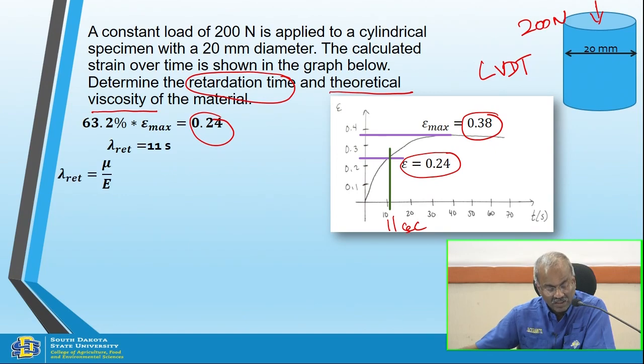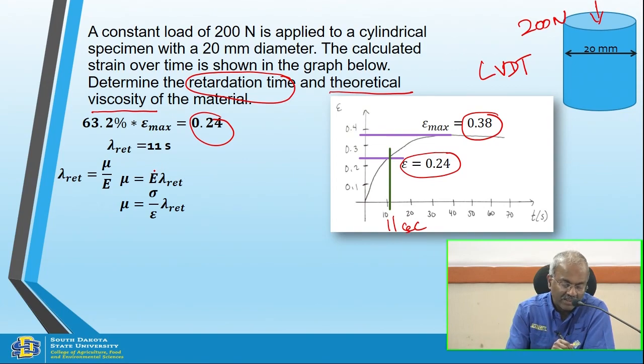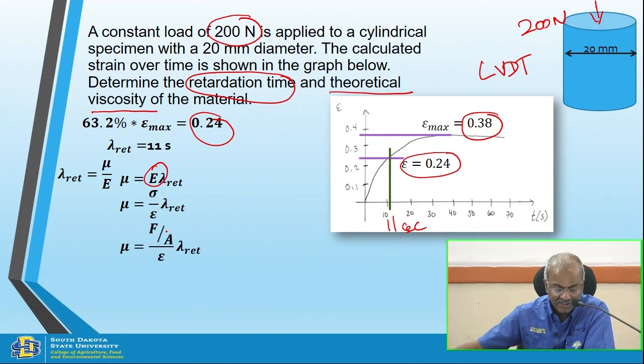Retardation time is 11 seconds. Once you get the retardation time, you can calculate the theoretical viscosity. Retardation time is viscosity over modulus of elasticity. So viscosity is modulus of elasticity times retardation time. Modulus of elasticity is nothing but stress over strain. Force over area is stress, and we already have the strain, and then times retardation time, you can calculate the viscosity.